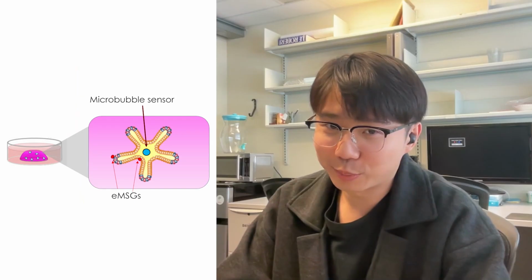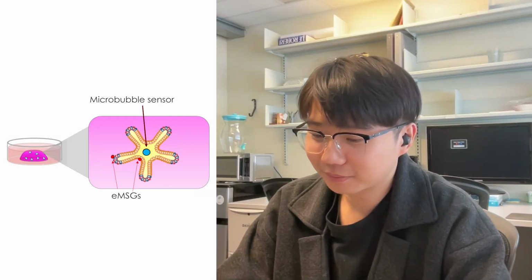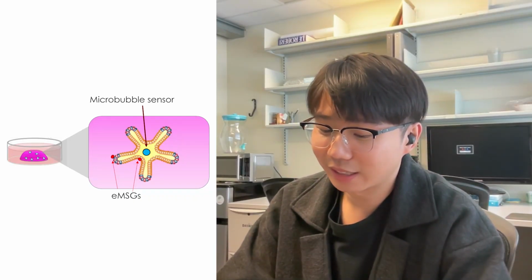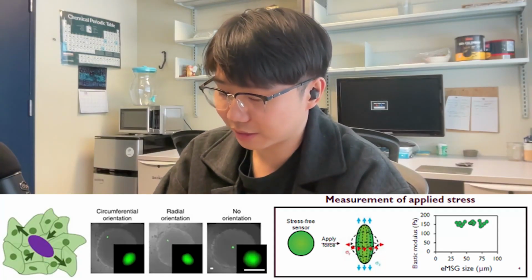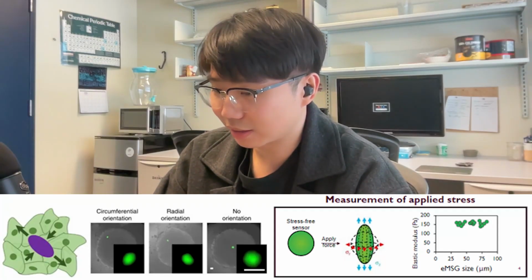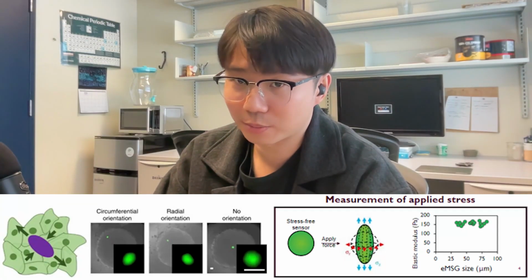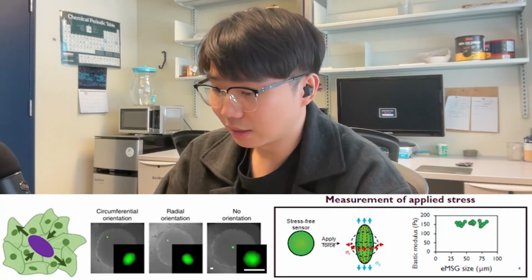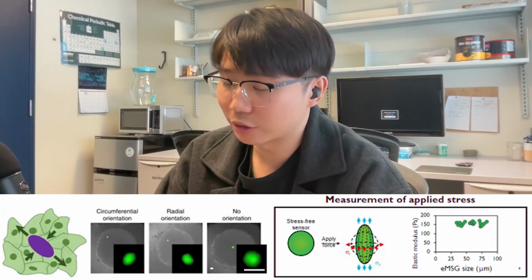So we've been trying a simpler approach, which is just adding our existing microgel sensor. In our lab we have this super soft hydrogel that we can make very small, integrate with cells, cell culture, and it will deform under any kind of forces, right?